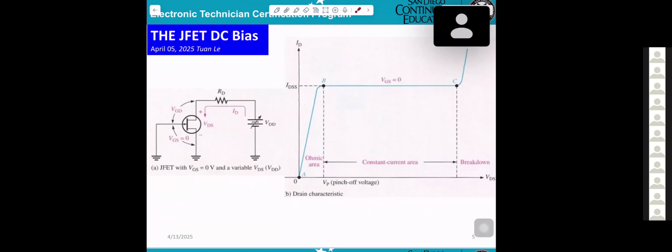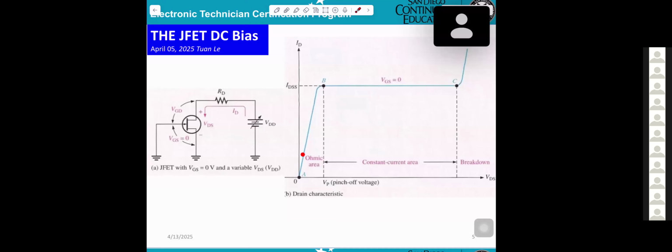Basically, for the JFET, this axis stands for current ID. And now you can see ID at this point will be 0, and this will be VDS, that means the voltage from the drain to the source.